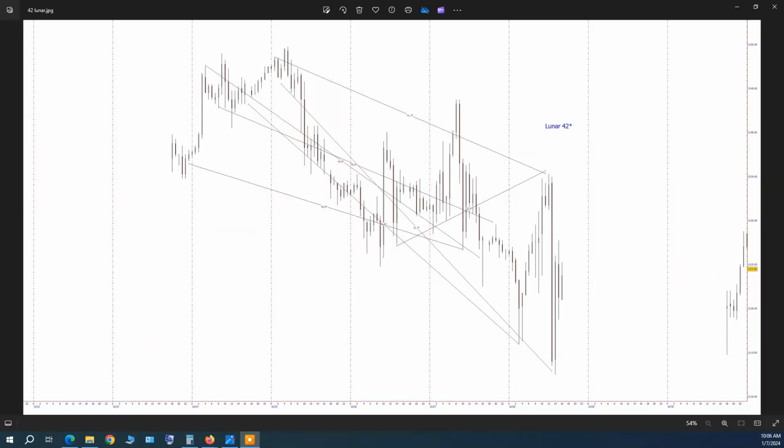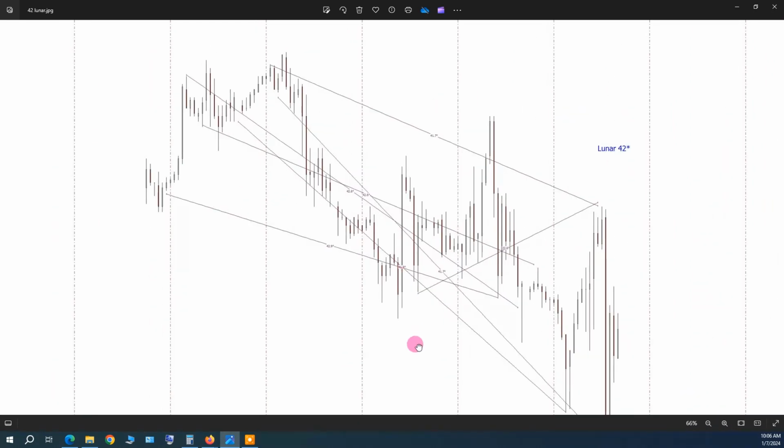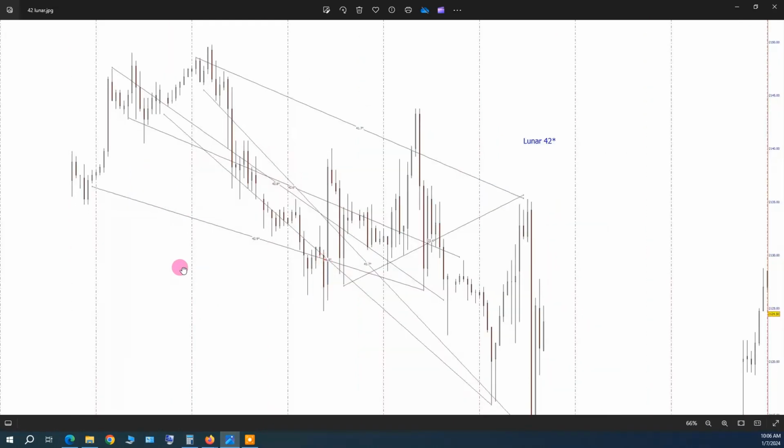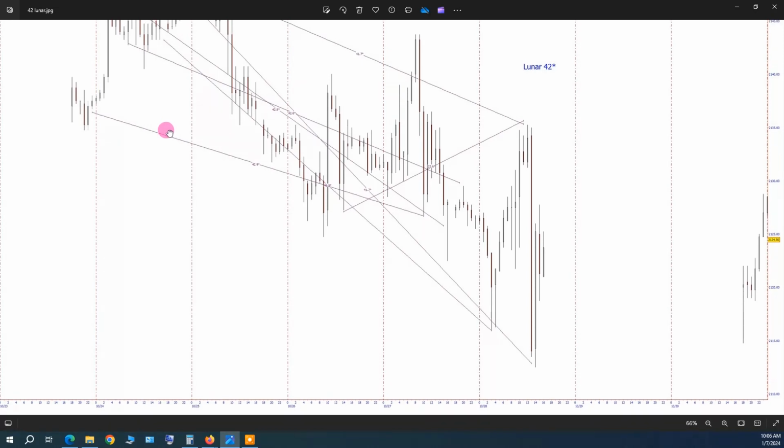Now this one is a little bit of a bigger frame. This is a 42-degree lunar. I'm not going to say where this is from, only that this is a good number as well. You should be able to figure out where it's from without me telling you. Anyway, this is a 60-minute chart of the ES back in that same period, from October, end of October, 10:23 to 10:30.